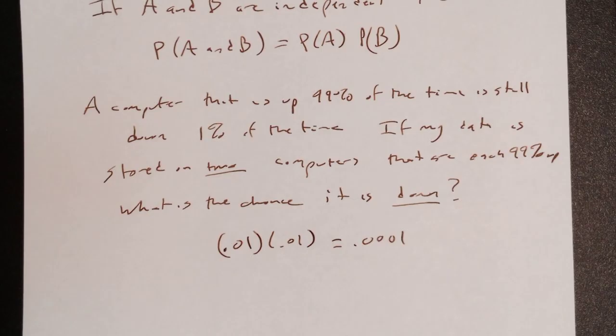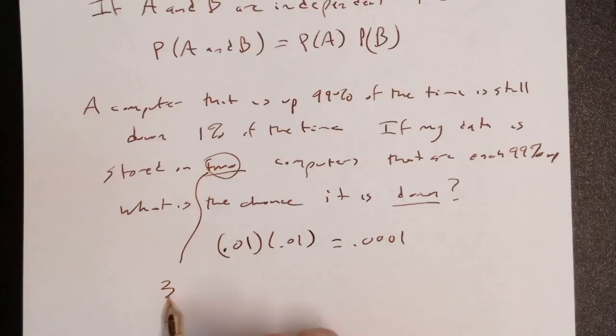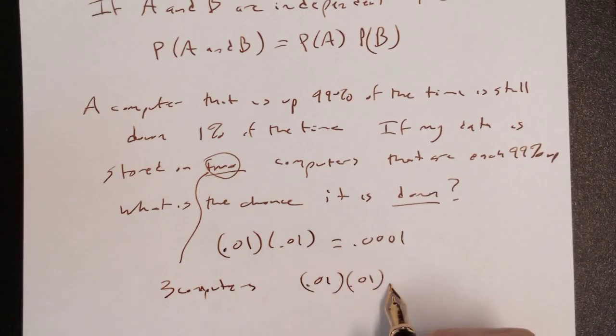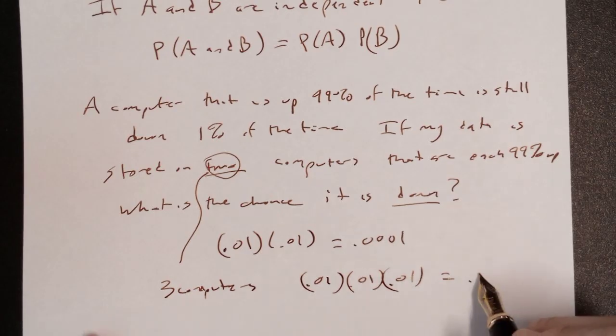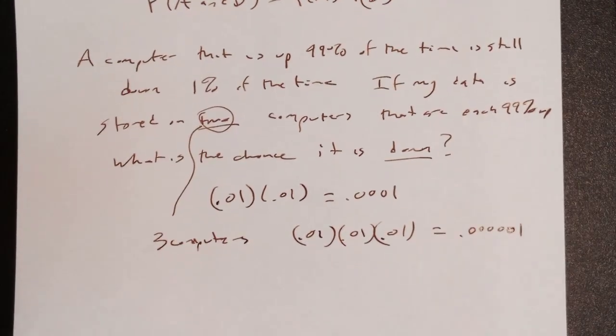If it's 3 computers, then one in a million. Problem is that there are billions of computers out there. So realistically, I probably need to be on more than 3 computers.